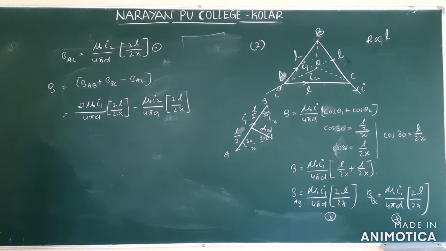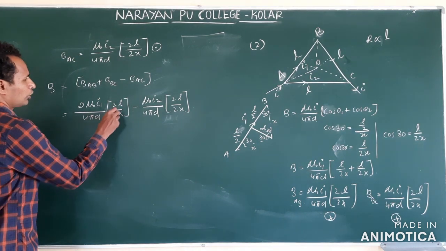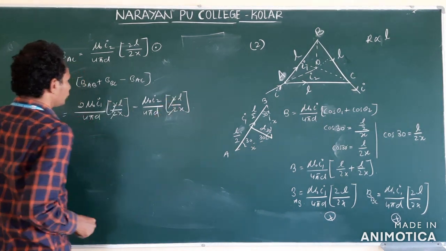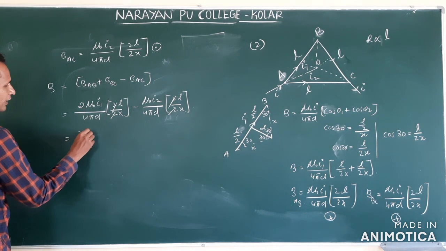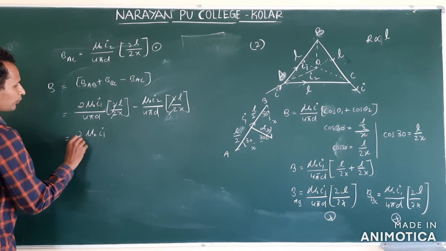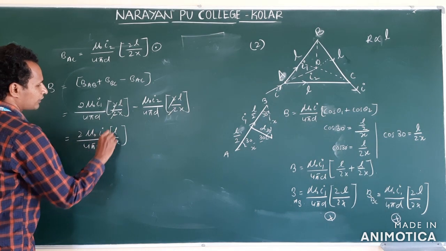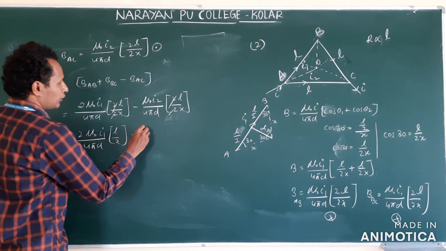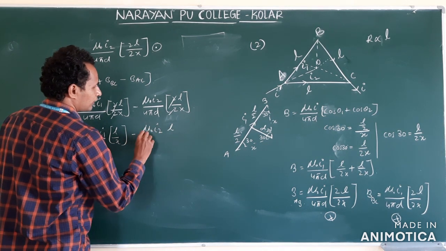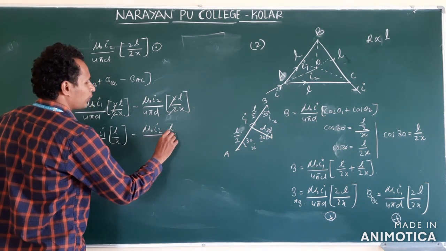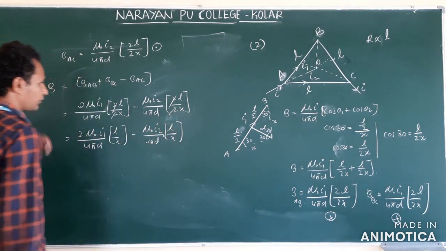Clear? Cancel the terms. Now keep it as this: mu naught I1 by 4 pi d times L by x, minus mu naught I2 by 4 pi d times L by x. Clear?